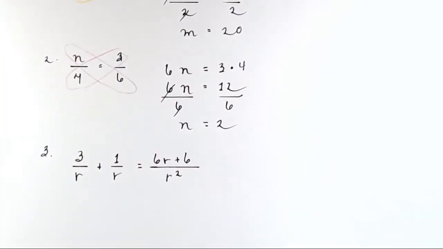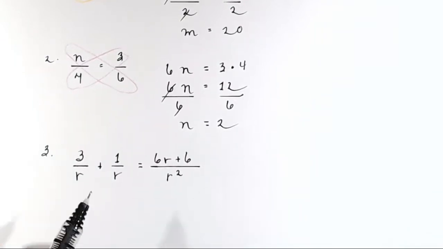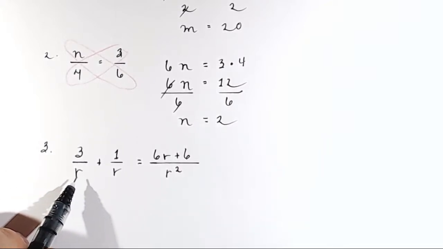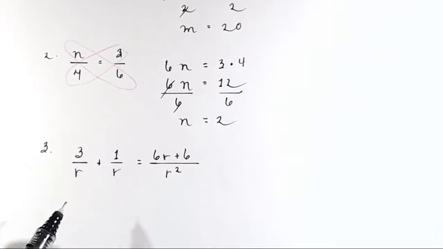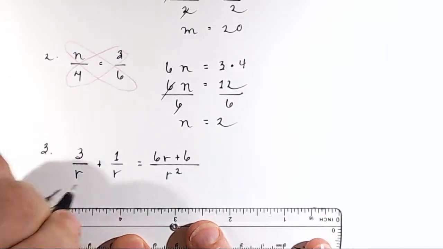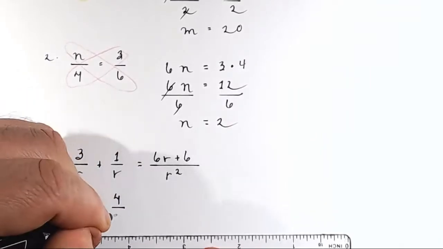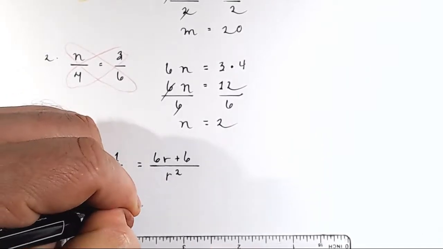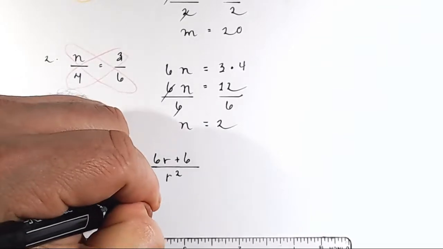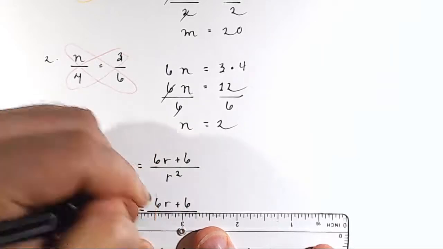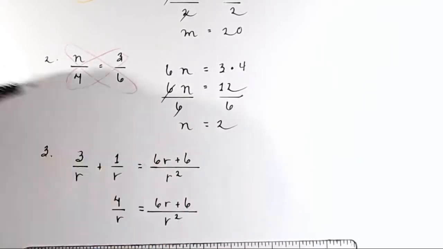Now, at first glance, this problem seems weird, but notice that on the left side of the equation we have a common denominator. It's just r, so we can add 3 plus 1. Let's rewrite and simplify the left side as 3 plus 1 is 4, so we write 4 over r equals 6r plus 6 over r squared.